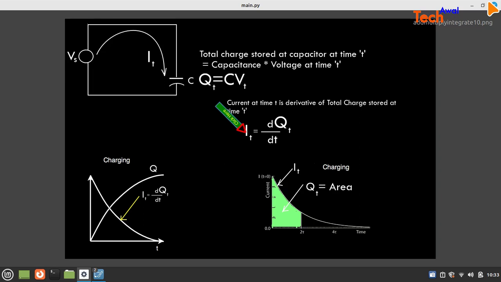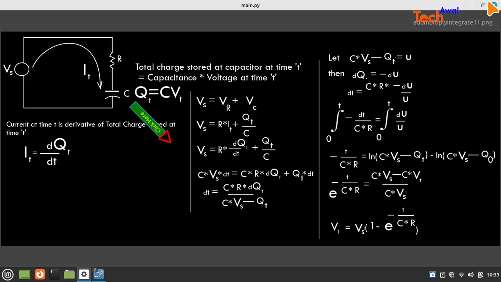fundamentals, the actual circuit. Now we'll see a little bit of differential equation mathematics. I have a resistor and a capacitor, and current is flowing. The charge accumulated gives the voltage across the capacitor at any moment.